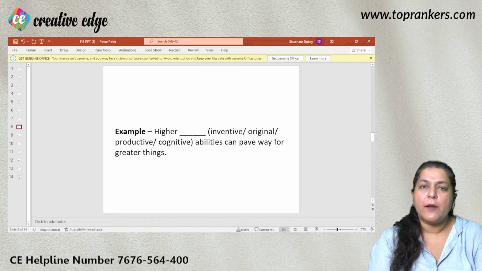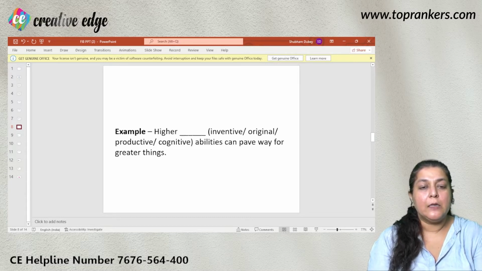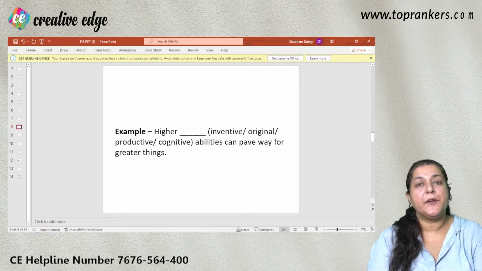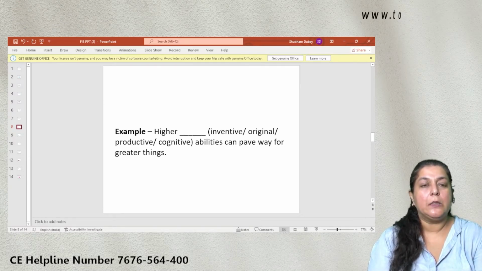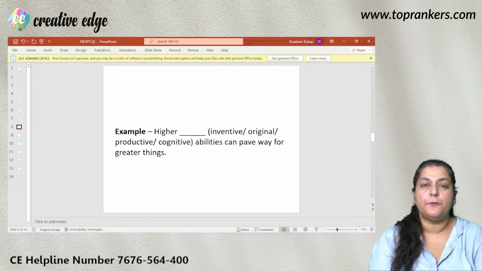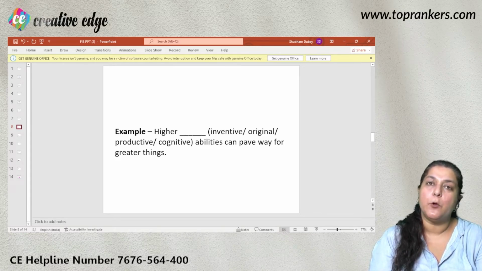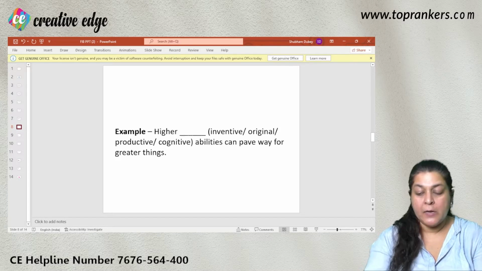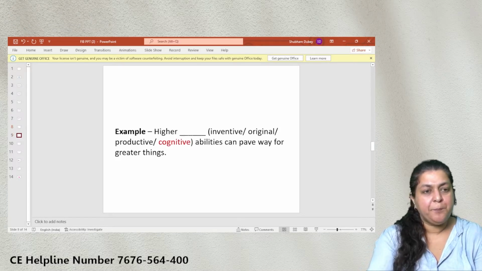It can help you at times, but at times it might leave you at a crux. So it's always helpful if you know a couple of words of vocabulary. We at Creative Edge have also been uploading a couple of files related to vocab building, and you can access them through your portal too. All right. Let's go on to the next part.